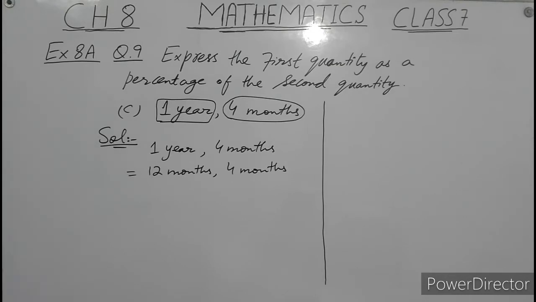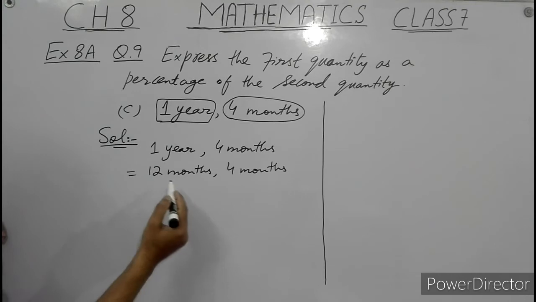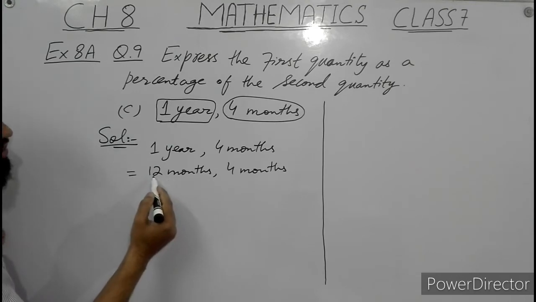Now units have become the same and we have to find the percentage of the first quantity to the second quantity.